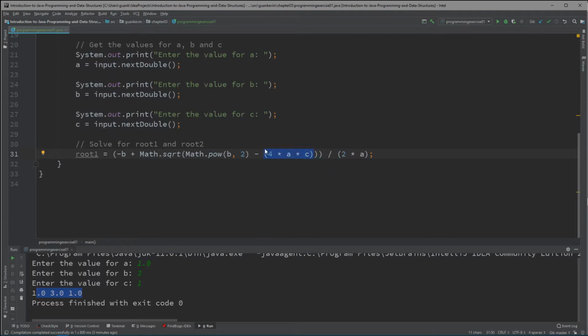The innermost parentheses are the ones that get solved first. If there's no other parentheses inside, it'll solve that one first, then the outer parentheses, and it keeps going outward. That's how it works if you use parentheses.